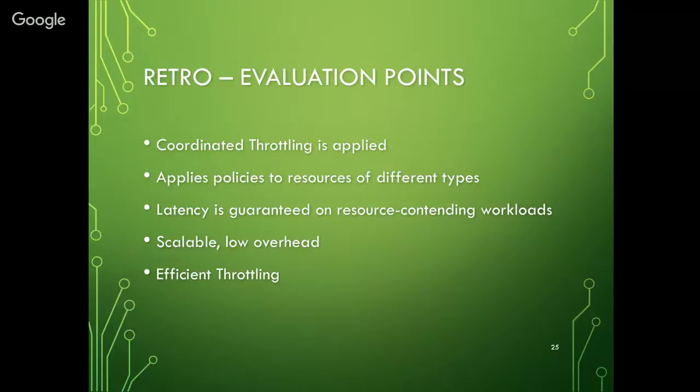It applies policies to resources of different types. What are these different types of resources? For example, application-level resources, resources shared between multiple processes, and resources with multiple instances across the cluster.